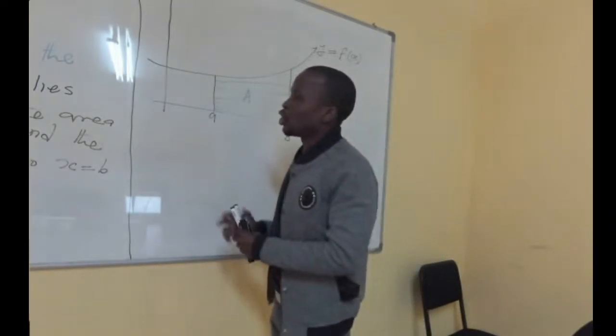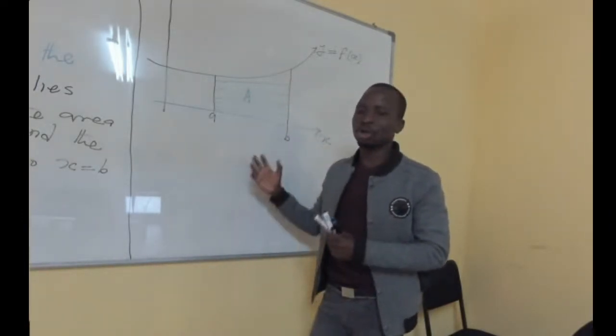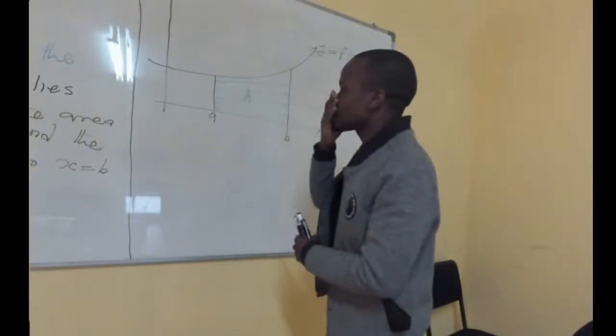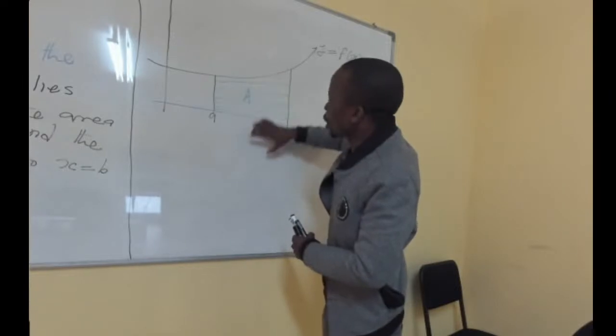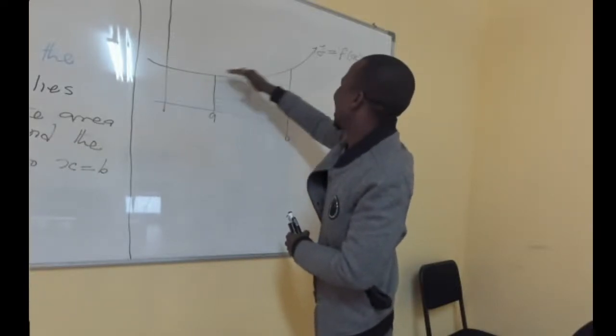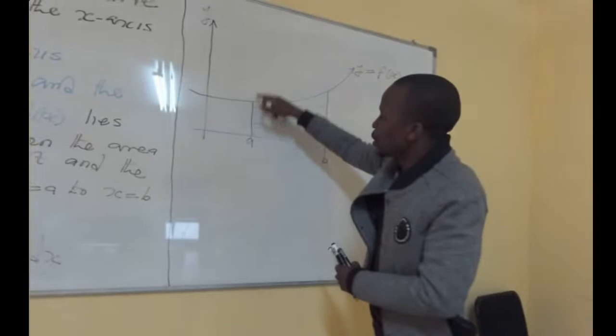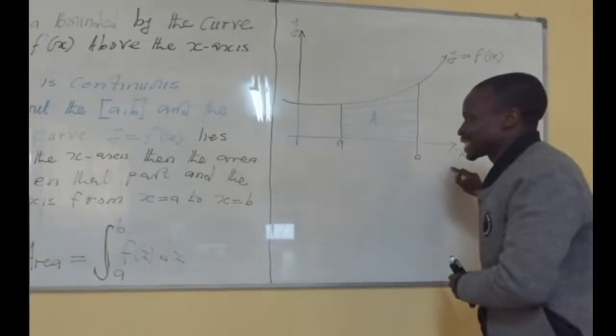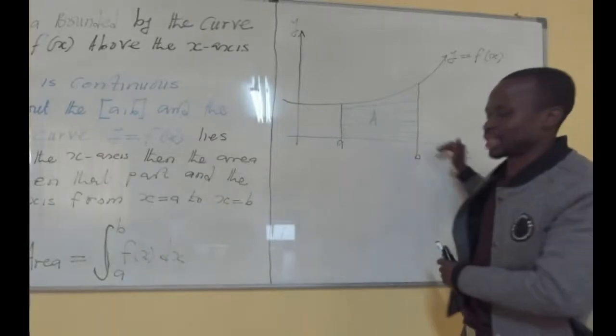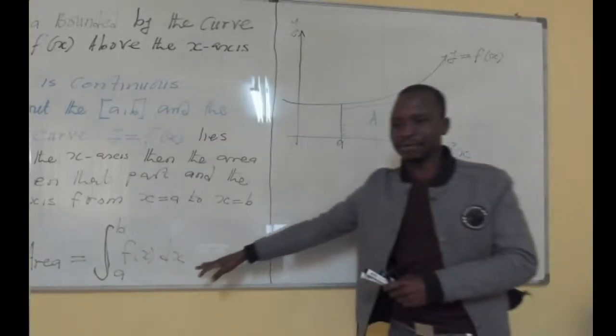Because the shaded region is below the curve, the area of this region, which is bounded by the curve y equal to f of x, x equal to a, x equal to b, and the x-axis, meaning y equal to 0, is given by this formula.